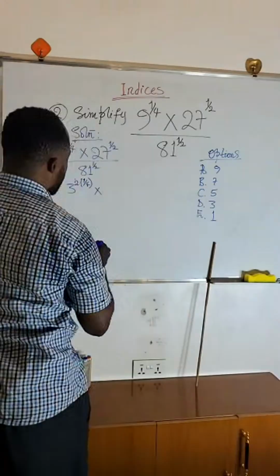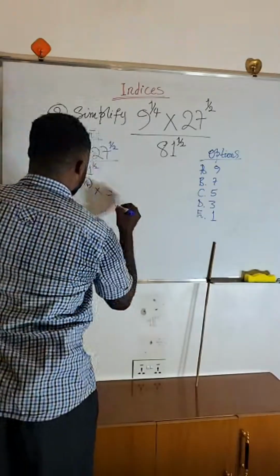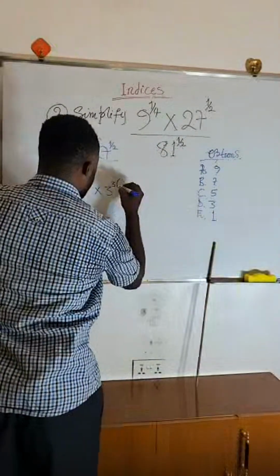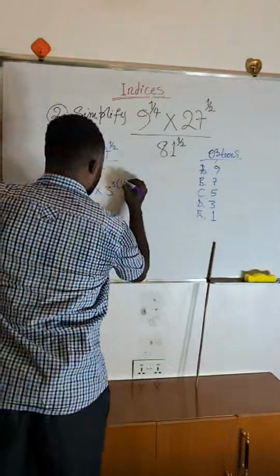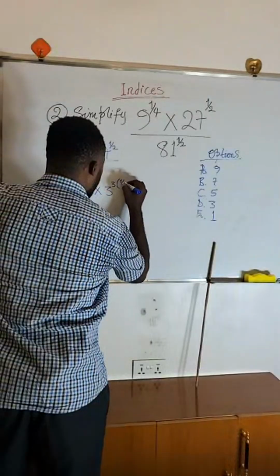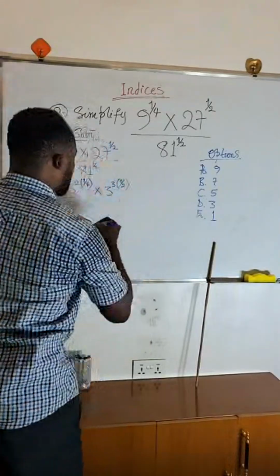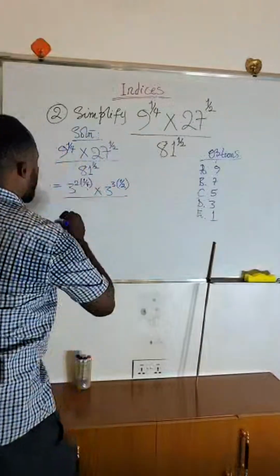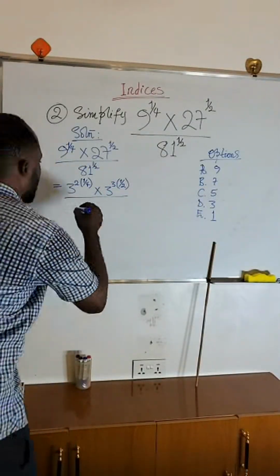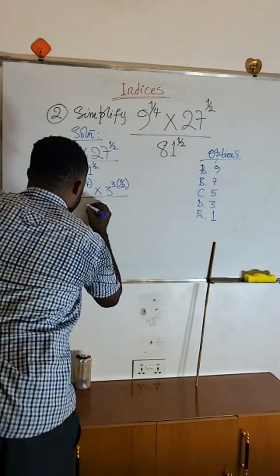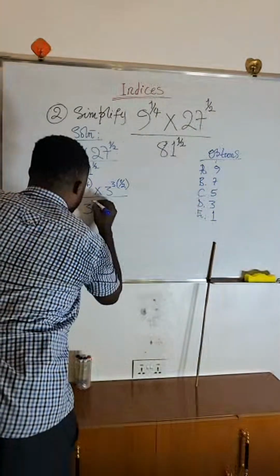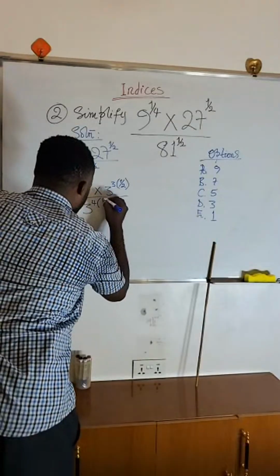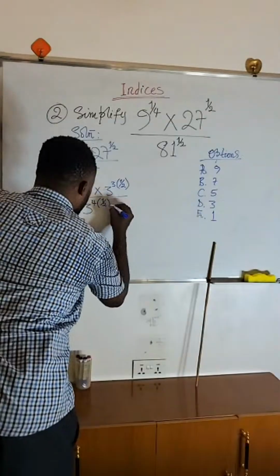Multiplied by 27, which can be written as 3 raised to the power of 3, multiplying into the former power, 1 over 2. All over 81, which is the same thing as 3 raised to the power of 4, multiplying into the former power, 1 over 2.